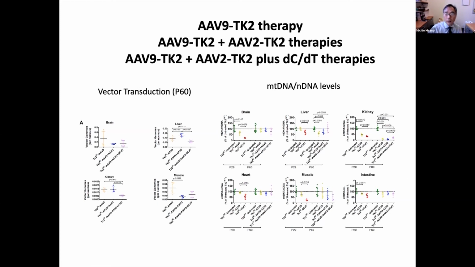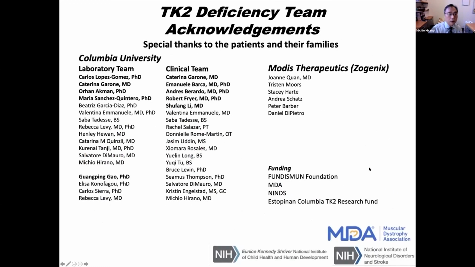So with that, I will end, because I think we need a few minutes for questions for everybody. But I do want to acknowledge the team at Columbia that's worked in the lab, starting with Katerina Garon and Ora Knockin, who developed the mouse and started the monophosphate therapy, and more recently Carlos Lopez and Maria Sanchez, who worked with the nucleoside therapy.